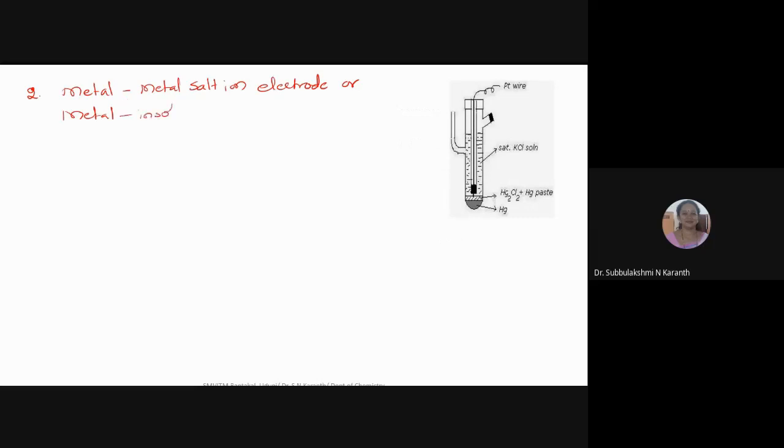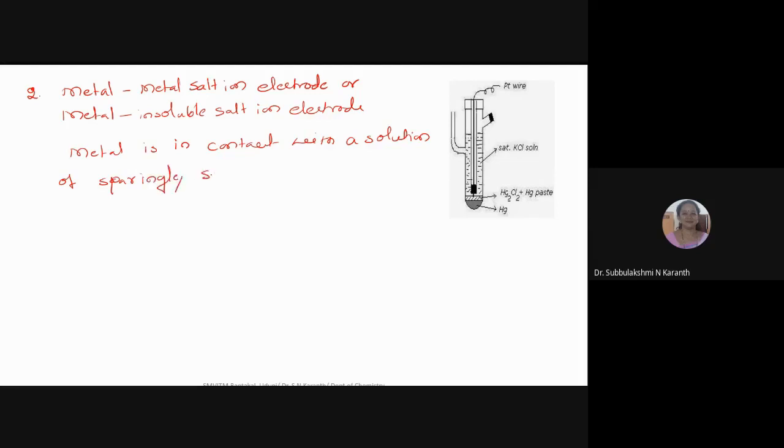A metal insoluble salt ion electrode consists of a metal in contact with a sparingly soluble salt of the same metal, in a solution containing an ion of the salt.